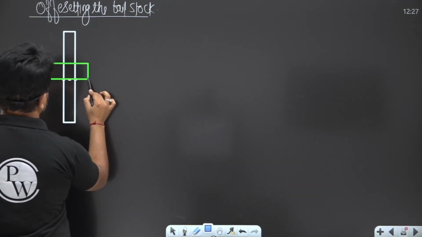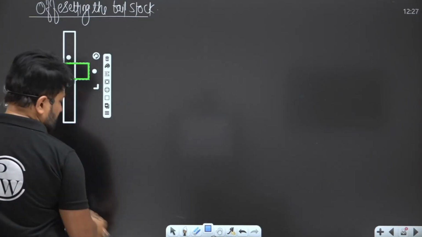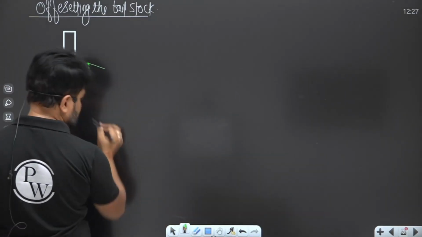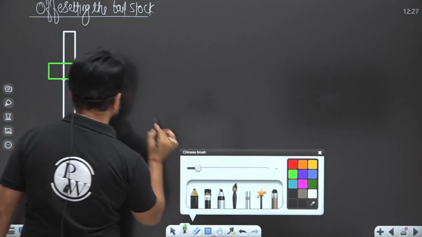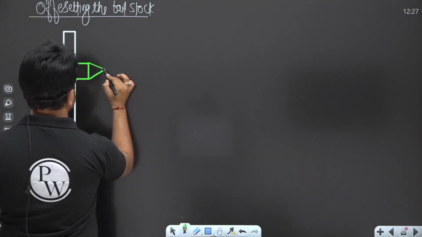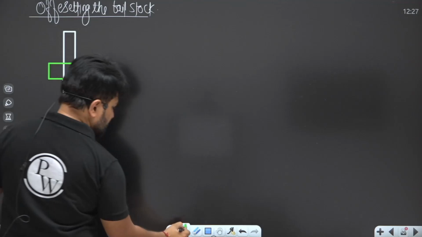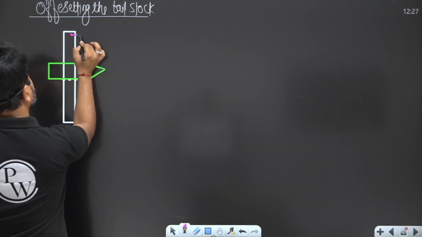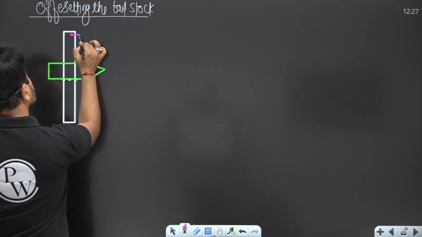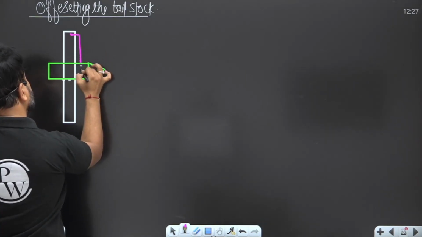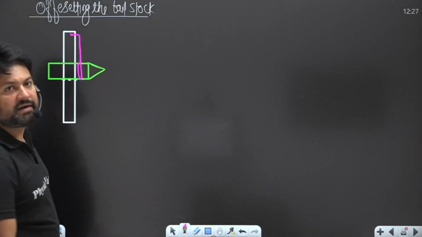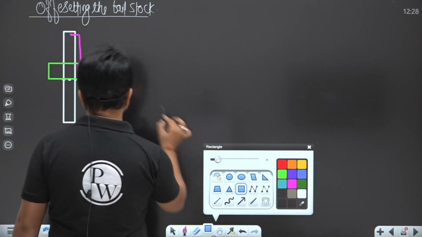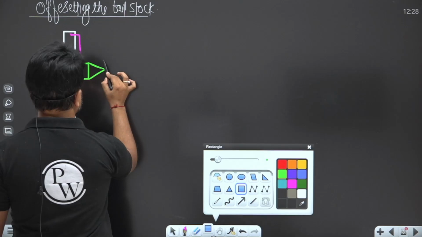This is the live center. It is supported by a lathe dog, and there is a workpiece.